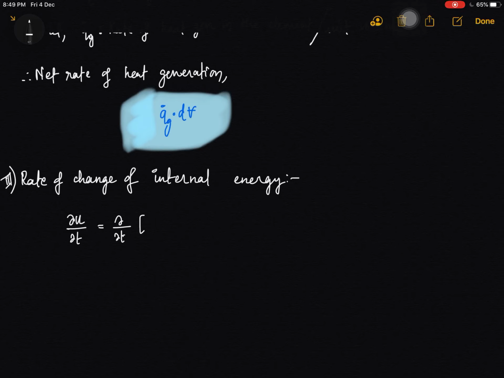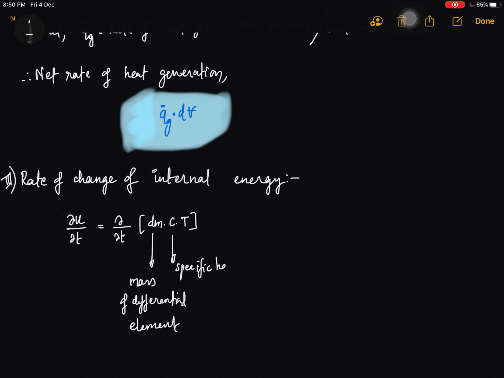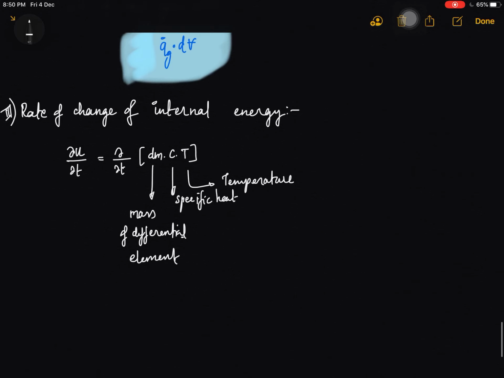This can be written as ∂/∂t of dm into c into T, where dm is the mass of the differential element, c is the specific heat and T is the temperature.